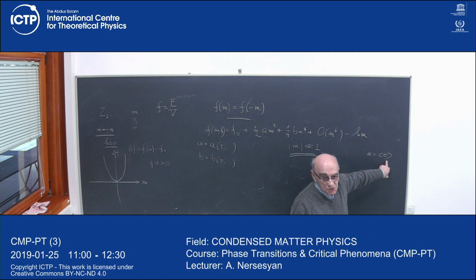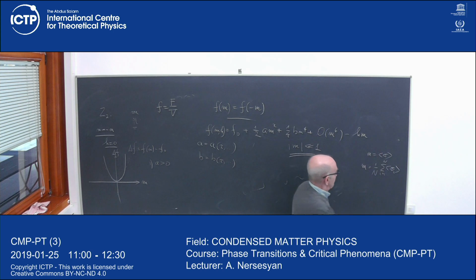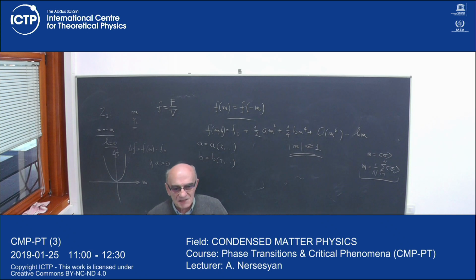So please make sure. In other words, the magnetization, instead of what I had defined before, should have been defined as 1 over N sum over r of sigma r. For such a definition, I can safely assume this. Otherwise, I will have a dimensionful quantity, and you cannot say that a dimensionful quantity is much less than 1. It cannot be. Only about dimensionless quantities can you say something like this.